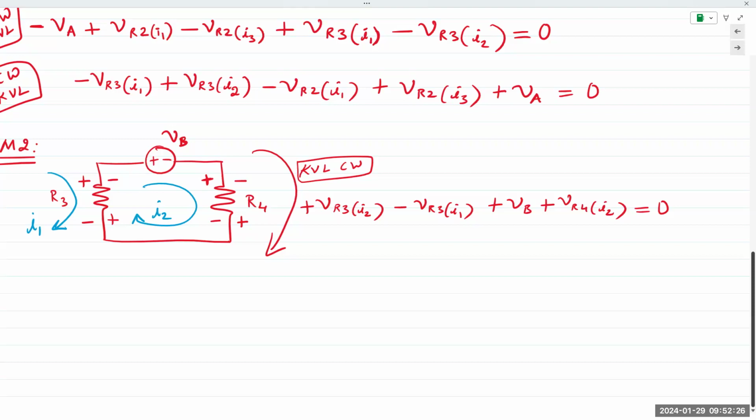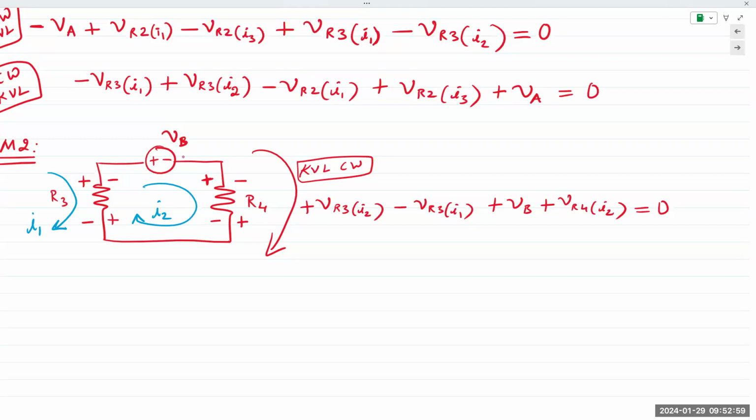KVL direction is simply the direction I choose to add up the voltages, right? And as I said, students can have their own technique on how they're adding up voltages. So I always say, I'm going to take a direction for summing up the voltages. Do not get confused with the mesh currents and the KVL direction. The mesh current is simply assumed so that we can describe the voltage across a resistor. And that's it.